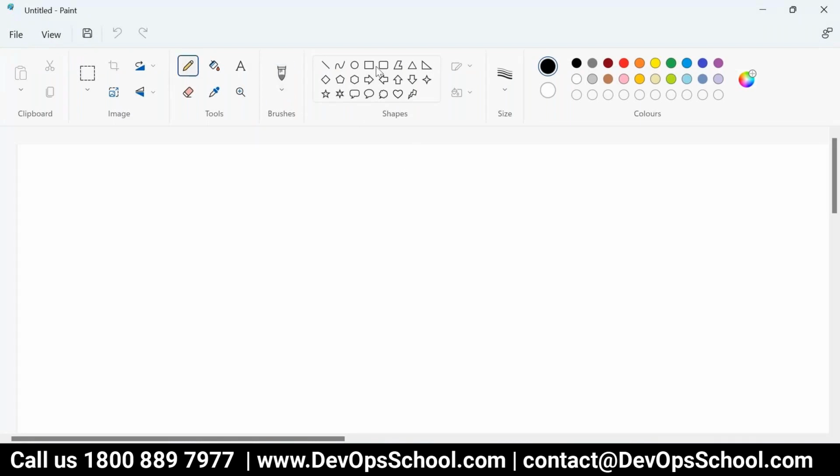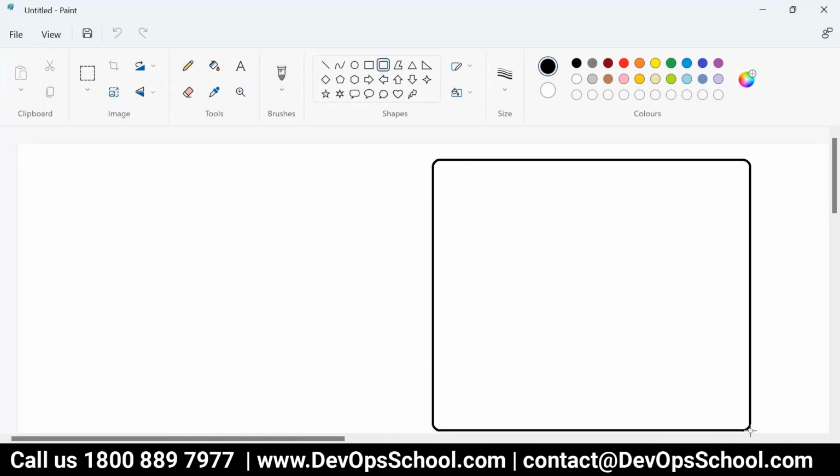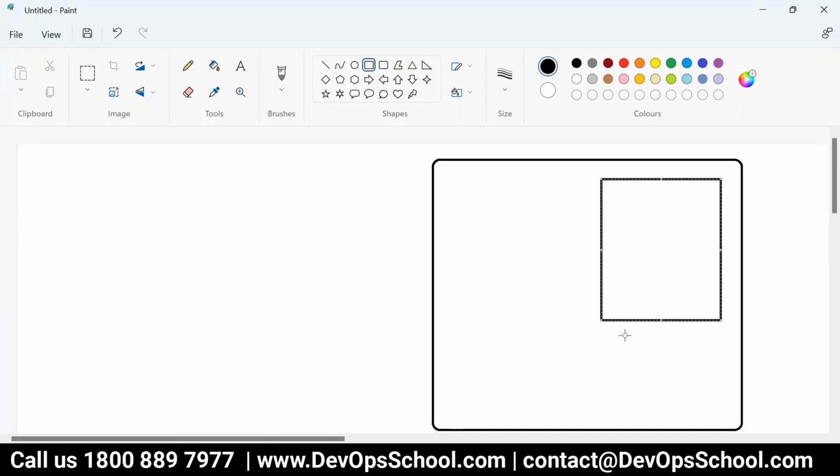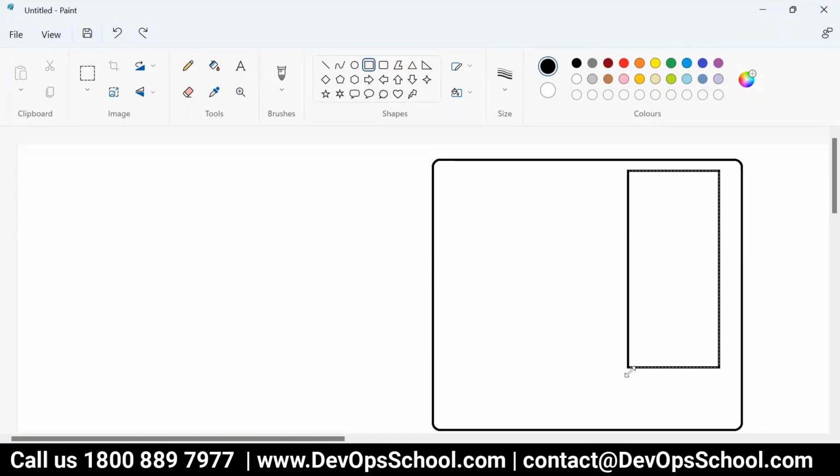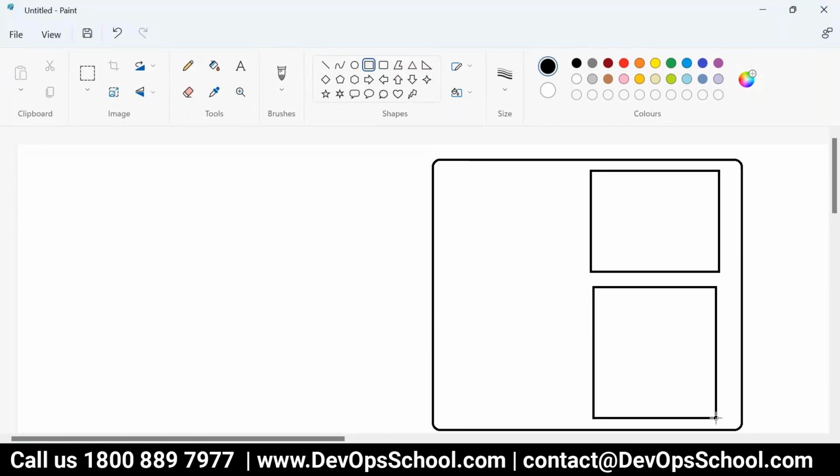Let me draw the pictures and then you'll understand. This is a cluster, and this is worker 1 and this is worker 2. Here there is a pod, a red pod, which is the application. There is one more pod, which is the front end.